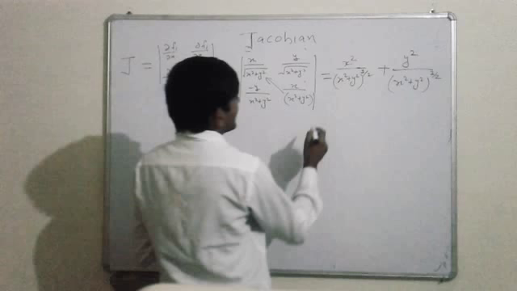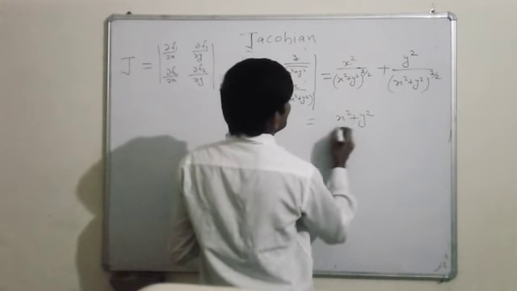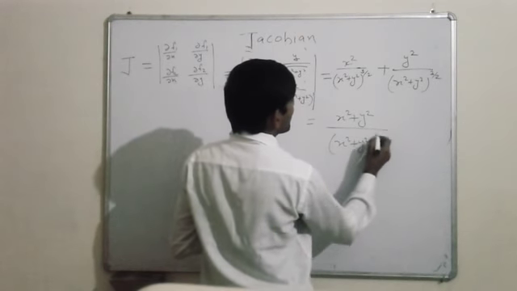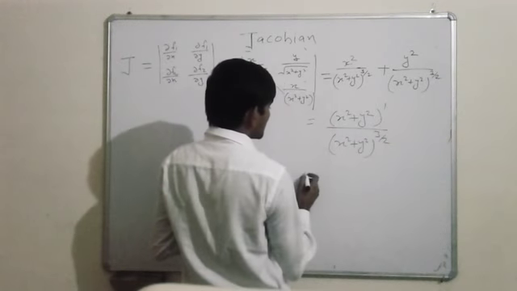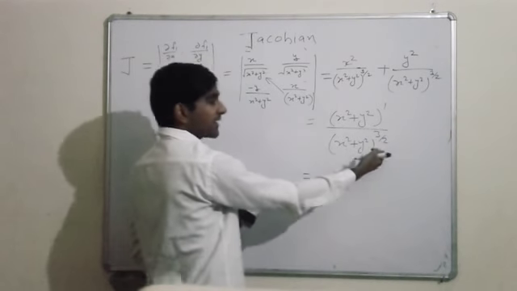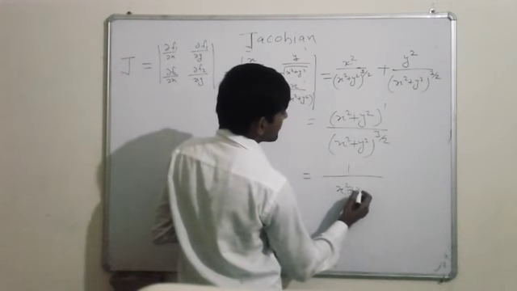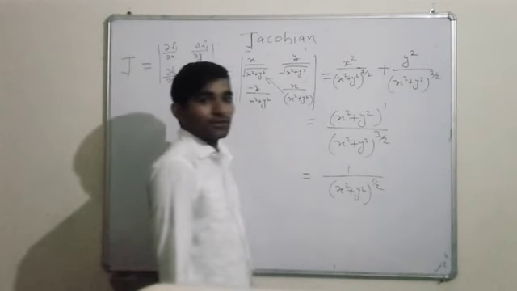We can solve it, and the solution will be (x² + y²) over (x² + y²)^(3/2). Cancelling 1 power here, we get only 1 over (x² + y²)^(1/2).